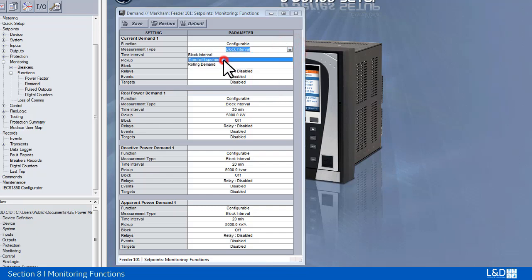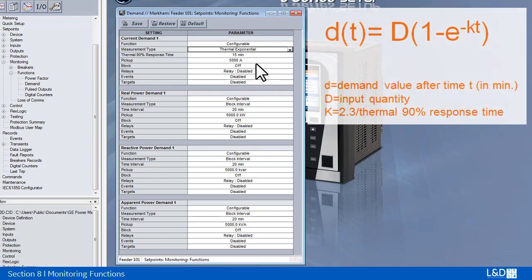Thermal exponential. This selection emulates the action of a mechanical thermal demand meter. In the mechanical meter, the heating and cooling of the coil does not happen instantaneously. To emulate this time lag, the 8 series uses these equations to calculate the thermal demand.